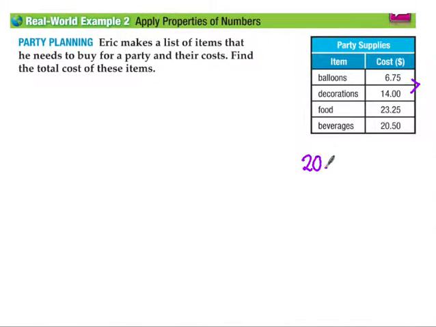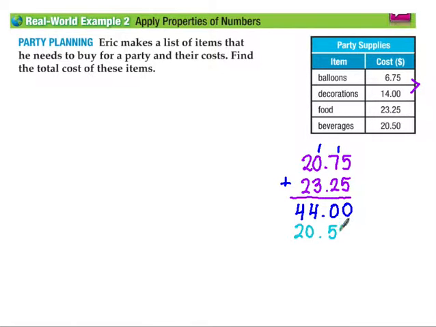So I have 20.75 and 23.25. If I add those two together, I'm going to get 0, carry 1, 44, which is what you've already said. And then last but not least, I need to add in the $20.50, which is $64.50. Okay, so just a word problem that we need to go ahead and solve. We always have those problem-solving problems. Okay, questions?